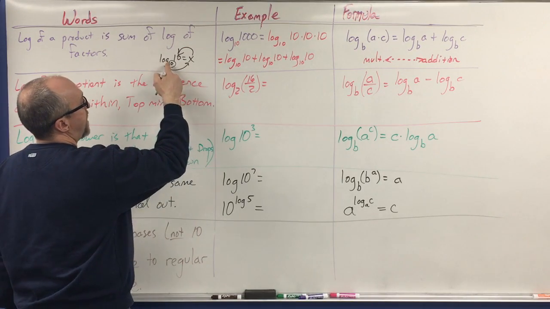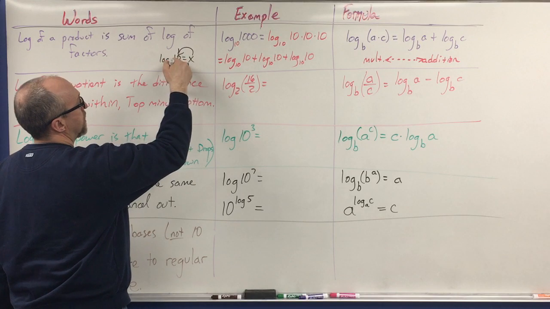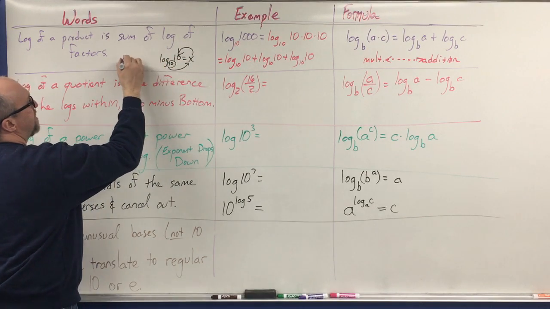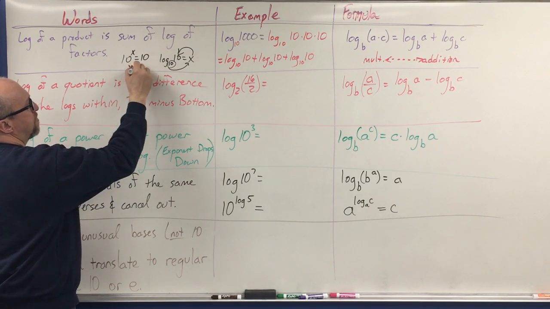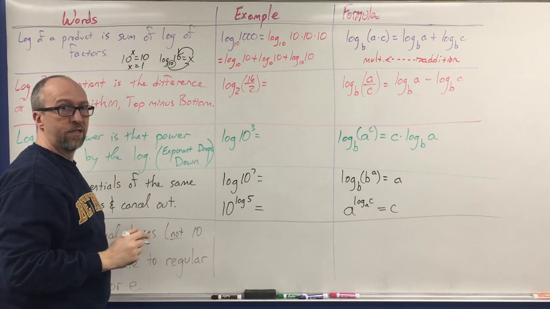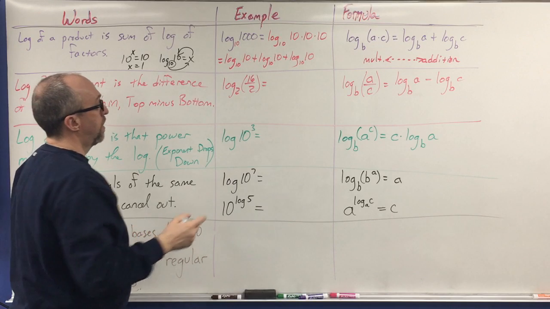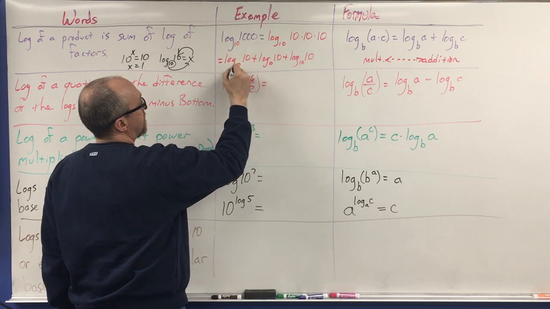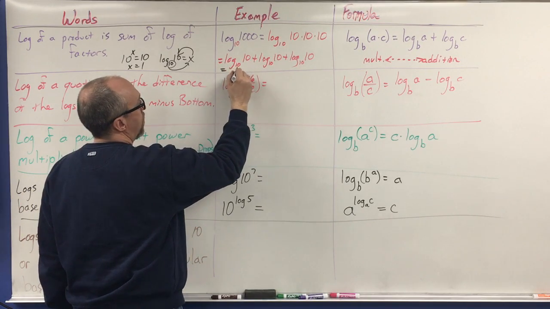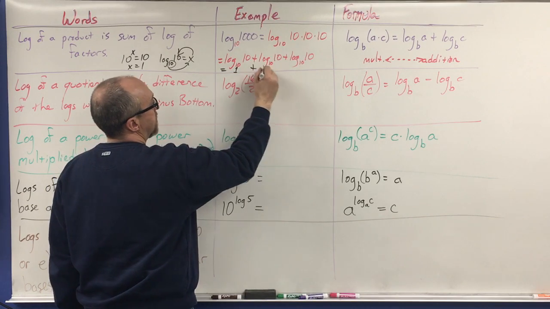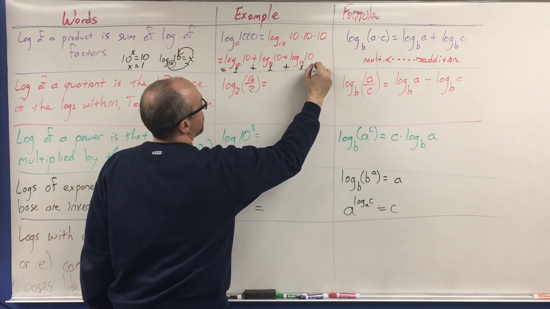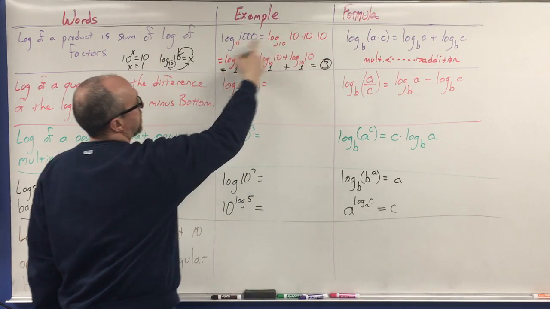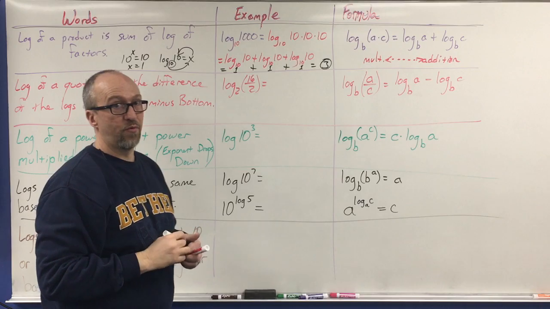So this means 10 to some power is equal to 10. Well, that's just 1. 10 to the 1 equals 10. So that means this is just 1. And so is this. And so is this. So strangely, the answer to this thing is 3.